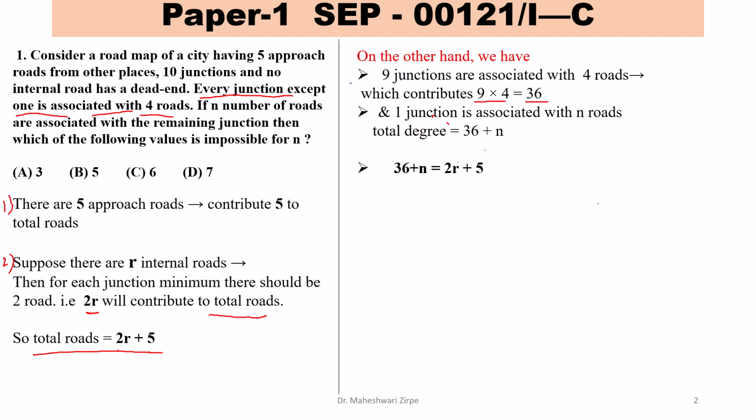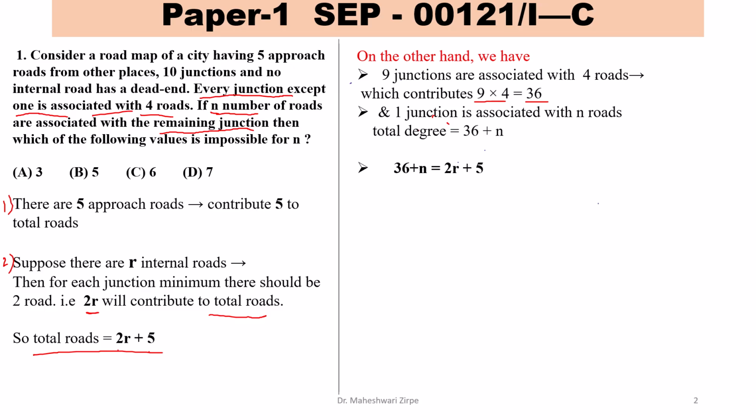Now one junction is associated with, because they have said except one, n number of roads, the remaining junction. So it will be 36 plus n.